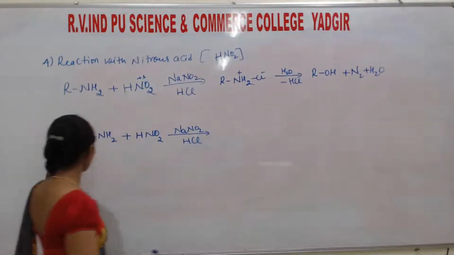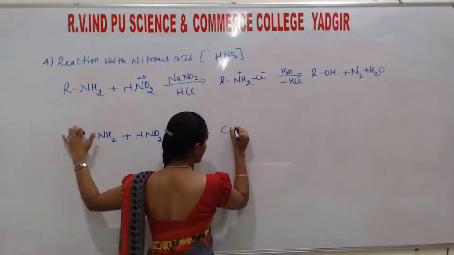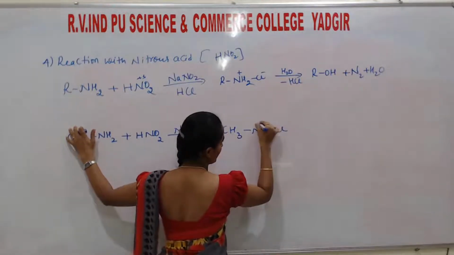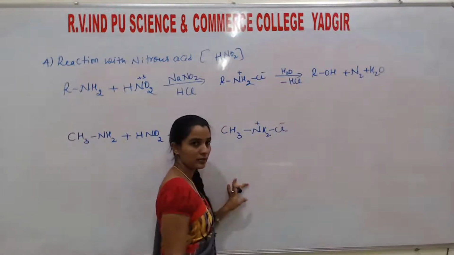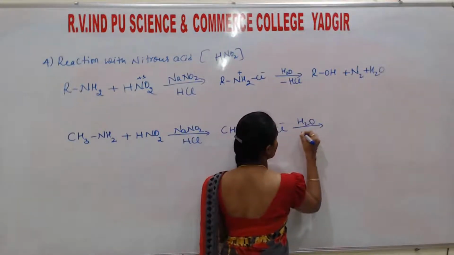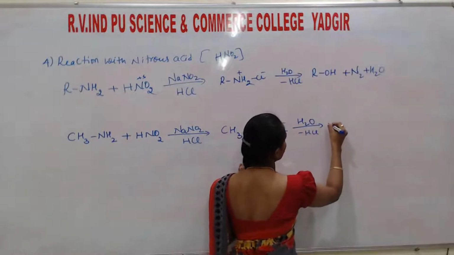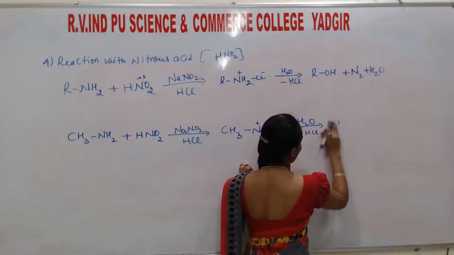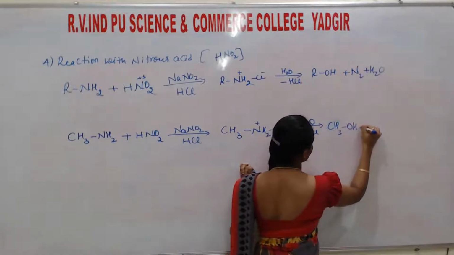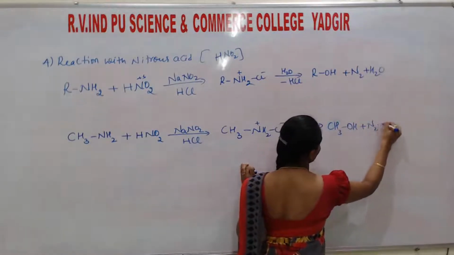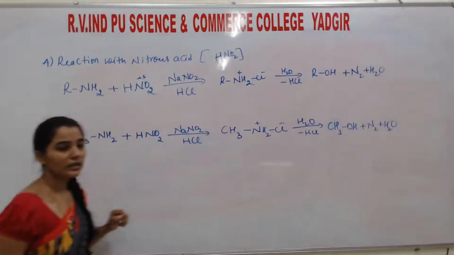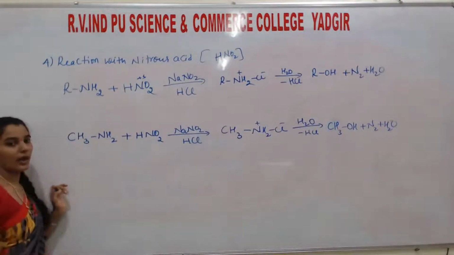Okay, so what is the product formula? CH3NH3+ Cl-. This is plus, this is minus. Followed by hydrolysis, the HCl will be removed, and it forms CH3OH plus N2 plus H2O. So students, in the overall reaction, the only thing we change is the R group.